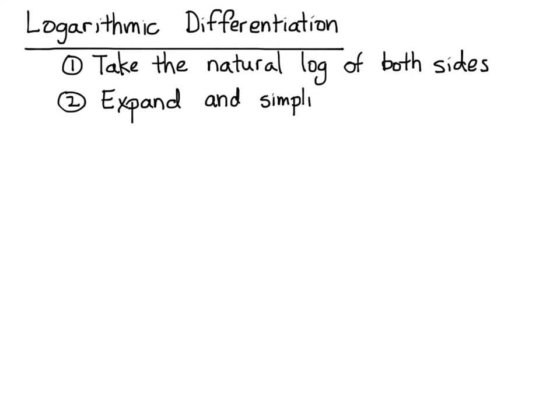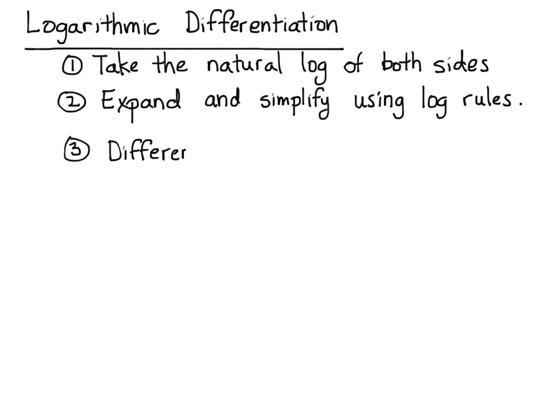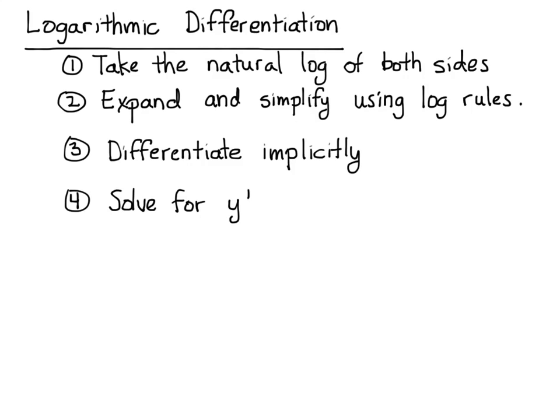Next, expand that log and simplify using your log rules. And then you differentiate both sides implicitly, so you end up with y prime over y equals the derivative of that other side. And then we solve for y prime.